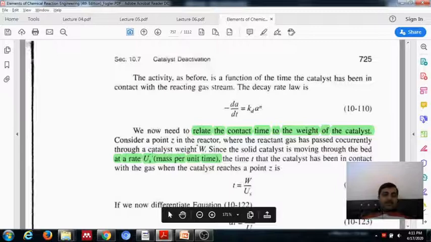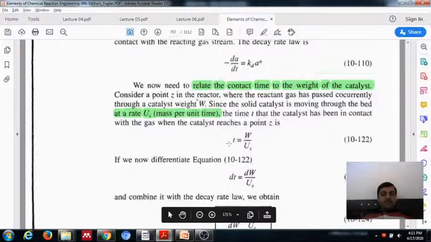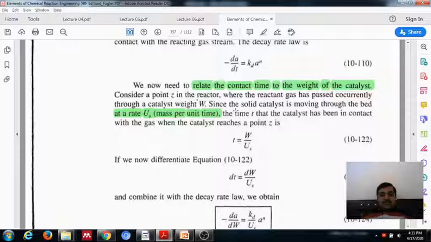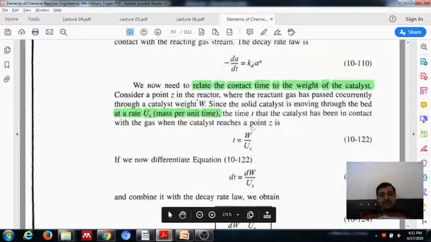So mass velocity Us you can write as W upon t, which the other way around, we can write as the time that the catalyst has been in contact with the feed, t, is weight by mass velocity. Now if I differentiate this, I'll get dt as dW by Us.